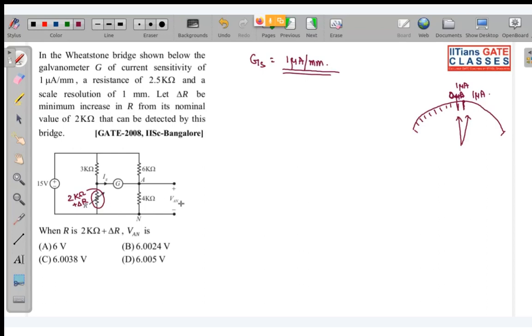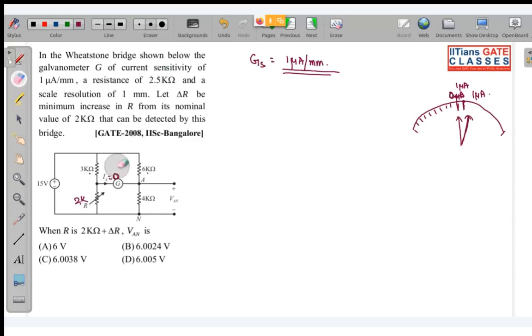You understood that basically this del R is coming when this galvanometer is reading a current of 1 microampere, at this position. Because initially when R was at 2 kilo ohm, you can see this bridge is balanced: 2 into 6 is 12, 3 into 4 is 12, the bridge is balanced and the galvanometer current is 0.